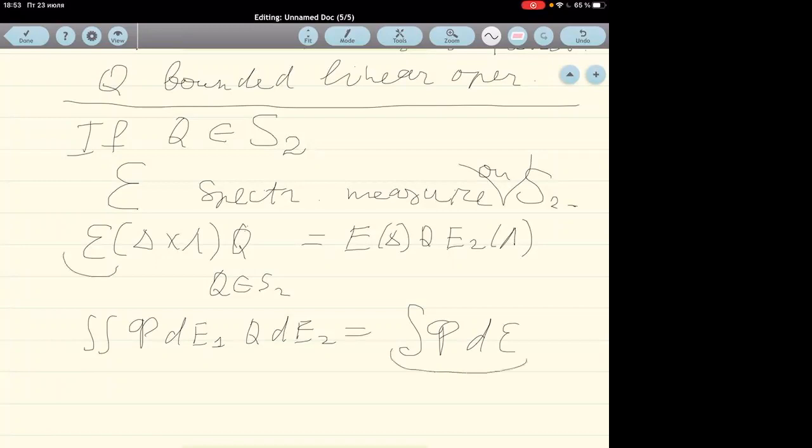So this is a bounded linear operator on S2, and we apply it to the operator Q, which is a vector in S2.